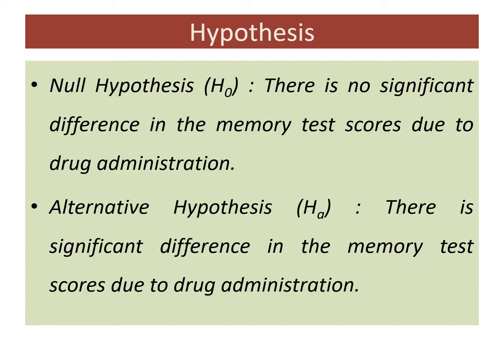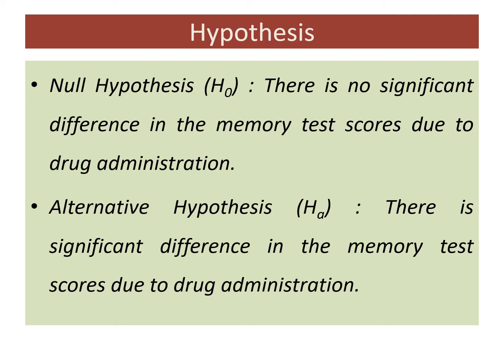Now the hypothesis as per the question. Null hypothesis, represented over here as H0: there is no significant difference in the memory test scores due to drug administration. And the alternative hypothesis is also mentioned over here.